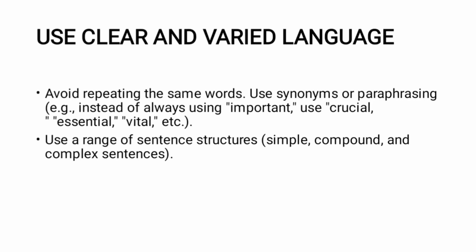So I'll read through. Avoid repeating the same words. Use synonyms or paraphrasing. An example, instead of always using important, use crucial. Now you're getting it. Important is just normal language. Crucial is varied language, not complex, because everyone still understands what crucial means, or what essential means, or vital, and so on.